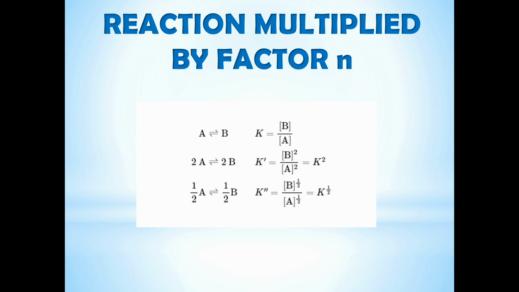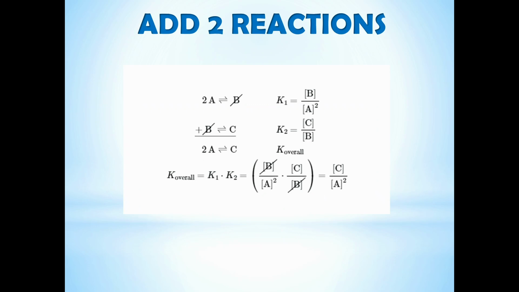With the 1/2, I multiply by 1/2, so it becomes the square root of B over the square root of A. So because it's multiplication, when I put in a stoichiometric coefficient, that becomes that times that, not that plus that, and I get a square or a 1/2 or a cube or whatever it is that I have. If I add two reactions together, again, multiplicative, I will multiply the K values. So adding the reaction multiplies my K because it's multiplicative.